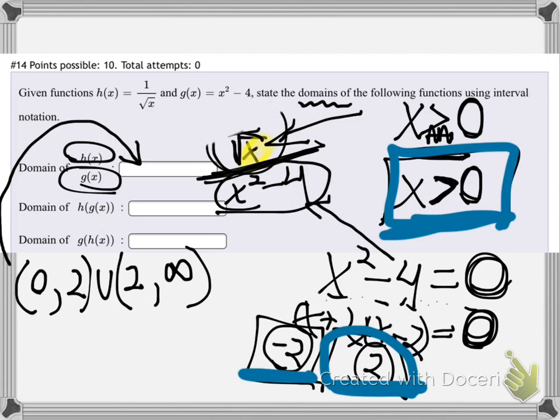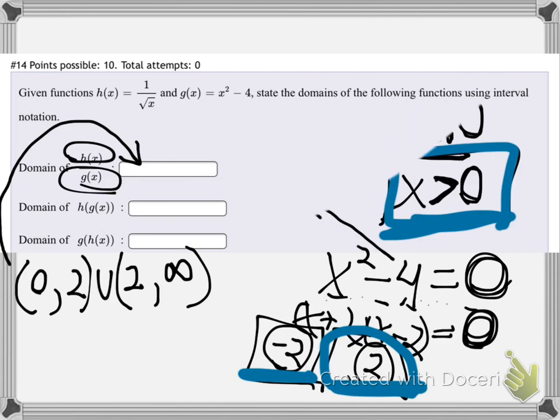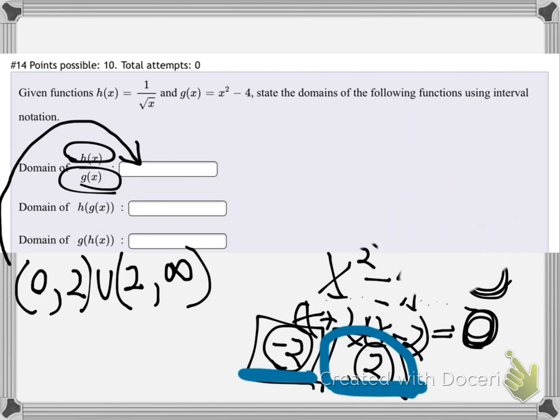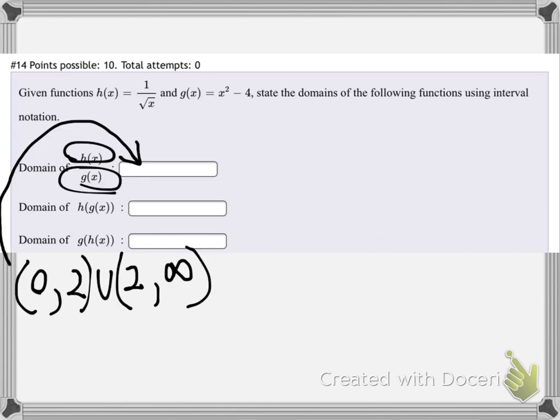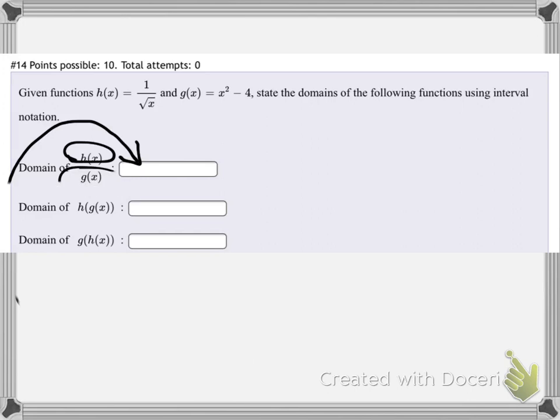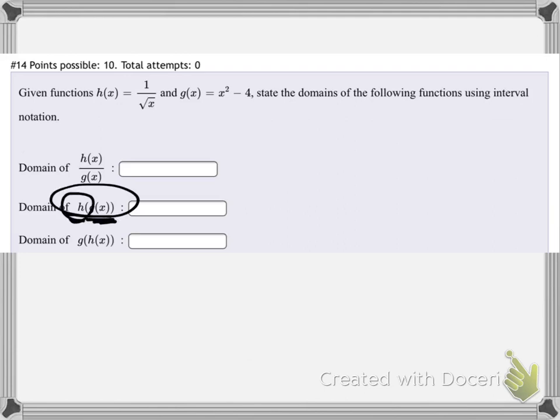And then we have other issues that pop up when we're dealing with composition of these functions. So let's look at those two things together. We'll do at least one of them real quick. If we had to figure out the domain of h composed g of x, or h of g of x, that'll look like us plugging the g function into the h function. So it'll be the h function with the g function inside of it.